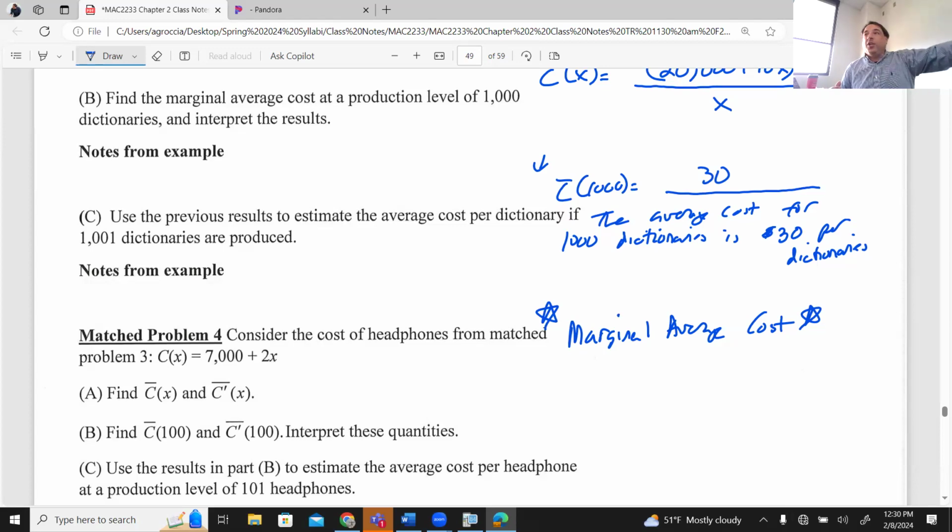So again, let's make sure we got all the vocabulary correct. It doesn't ask for marginal cost, which is the derivative of cost. It asks for marginal average cost. So you have average cost right now. Here's average cost, 20,000 plus 10x over x.